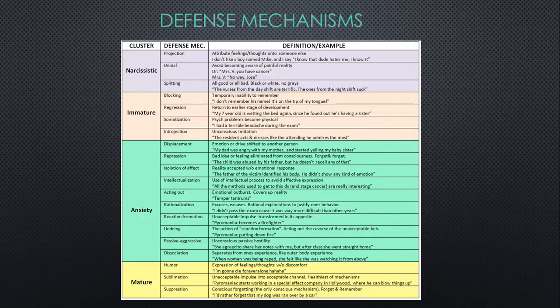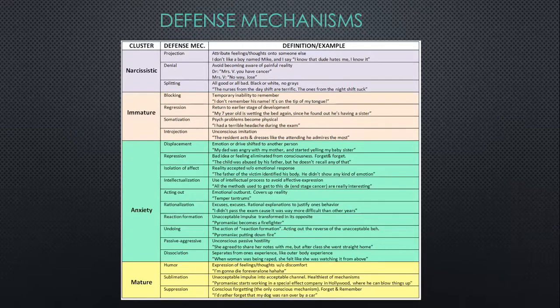We can have intellectualization, where they try to reason through something to avoid dealing with it or feeling the emotions. We can have acting out, which is an emotional outburst. Rationalization, which is using excuses to justify one's behavior. We can have undoing, passive aggressive behaviors, dissociation, and then we have our mature defense mechanisms.